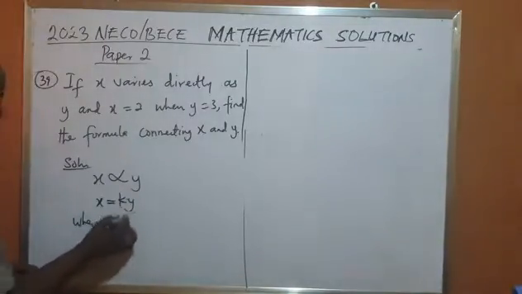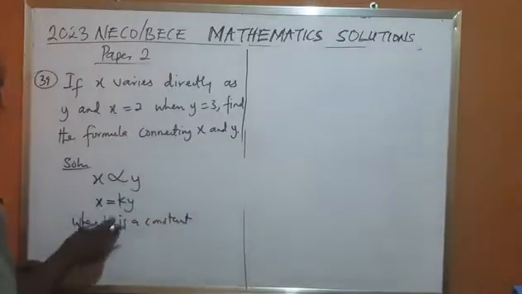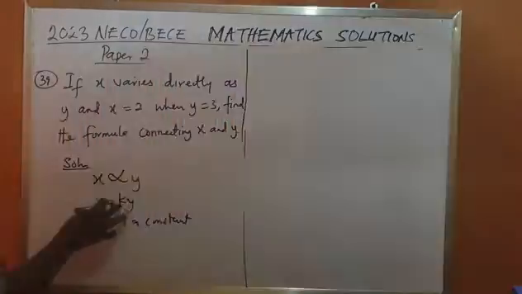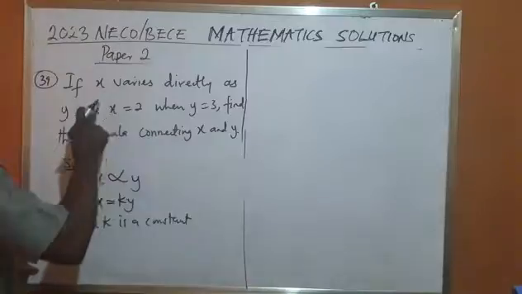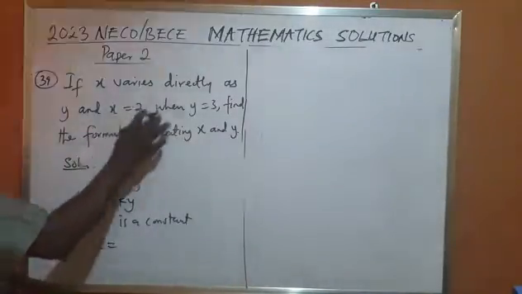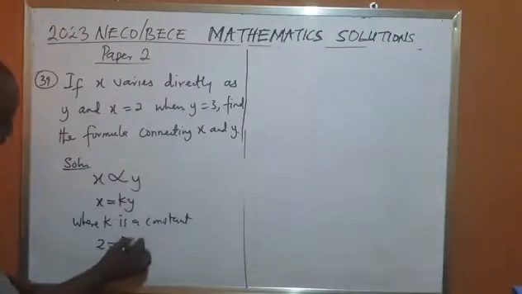In some textbooks, they will use c, but in some they will use k. You just have to know that this k stands for constant. They now say that x is equal to 2 when y is equal to 3. We put the value of y to be 3.